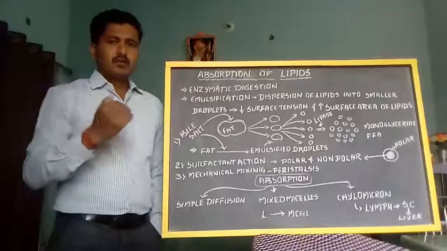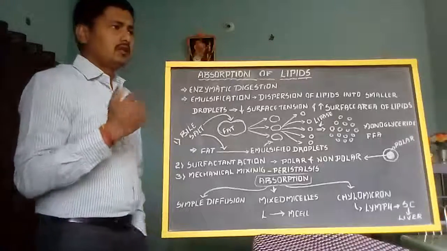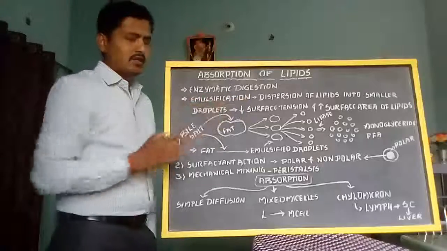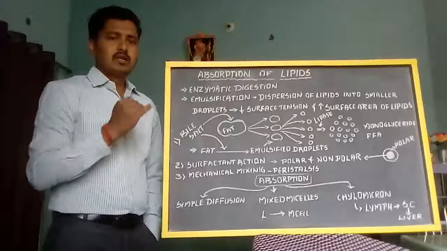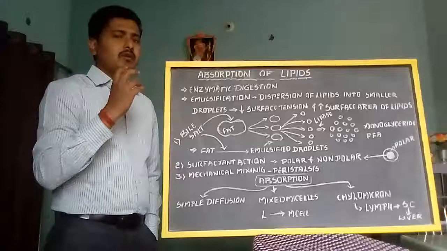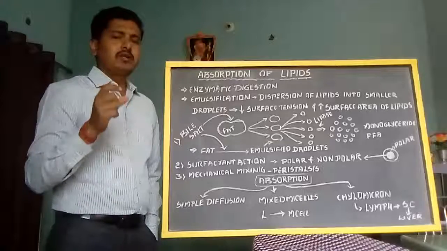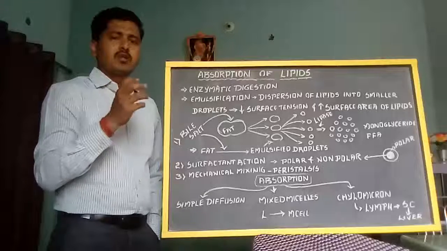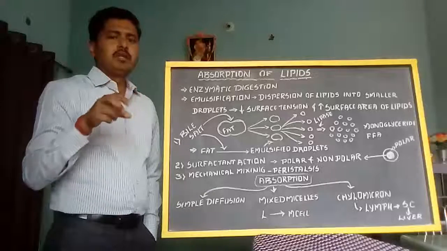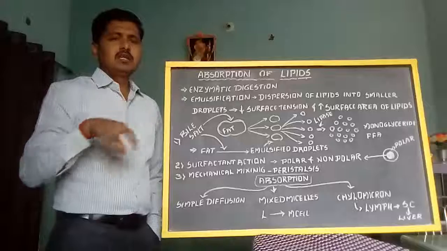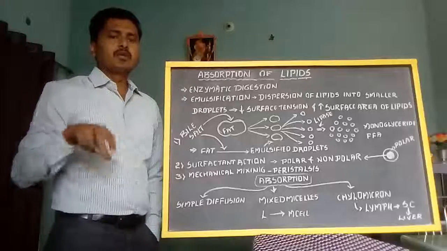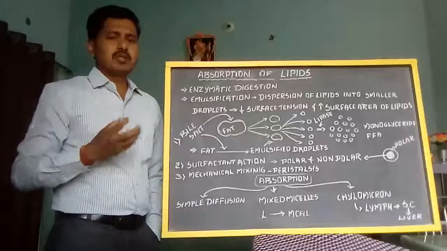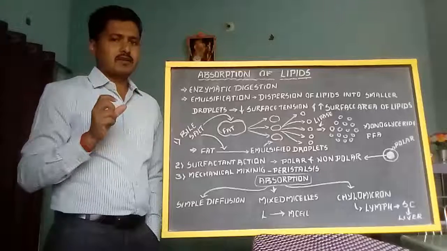After that, one more mechanism takes place, the emulsification mechanism. Here, the larger fat is converted into smaller droplets, and these smaller droplets adjust easily with the aqueous medium of the GI mucosal layer or GI tract.